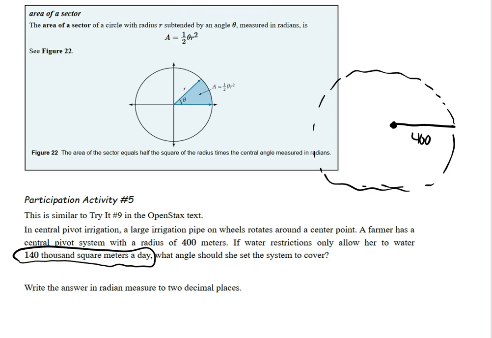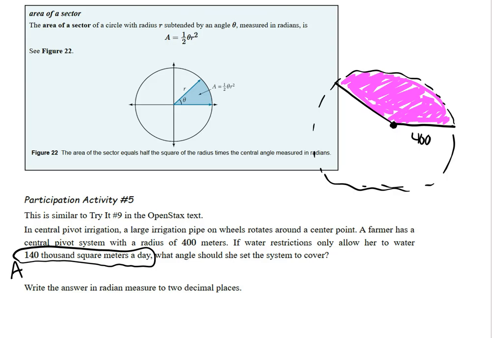That is the area, this is A. We're trying to figure out, let's say this bar rotates over to here, so that this is the part of her circular garden of corn or whatever that's going to get sprayed with water that day.